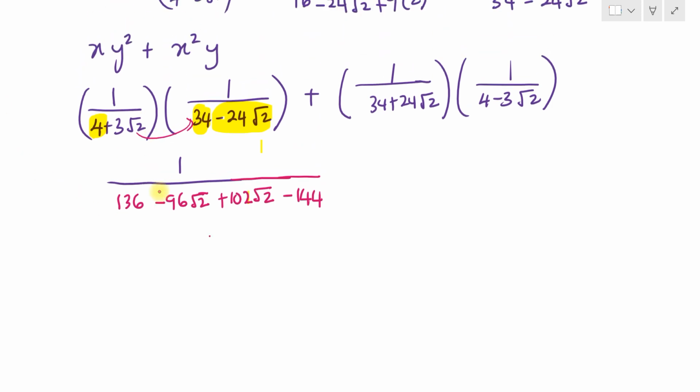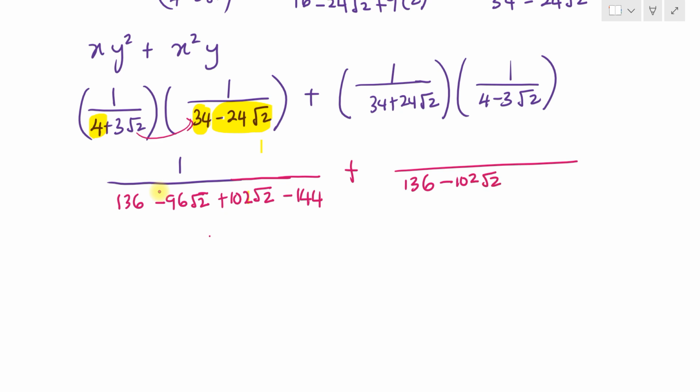Okay, this is the first part, plus this one, same thing, right? 34 times 4, you get 136. 34 multiply negative 3 surd 2. You should be getting negative 102 surd 2.